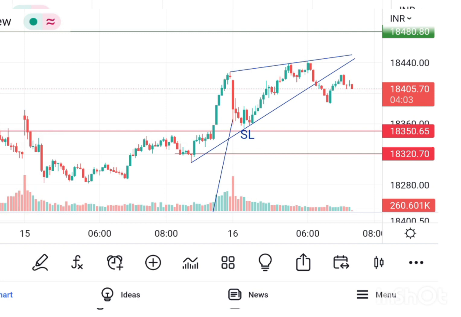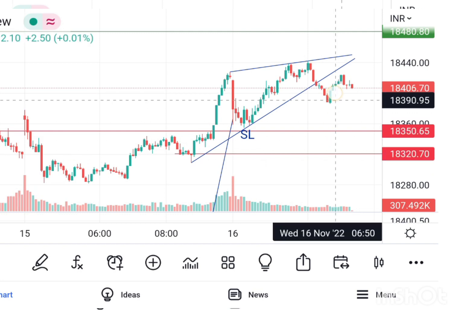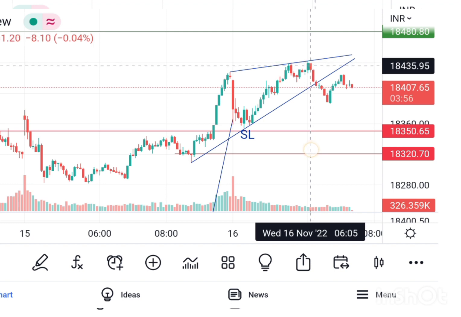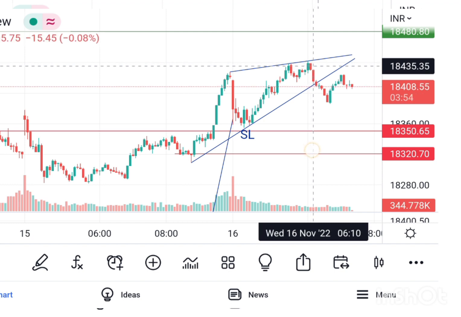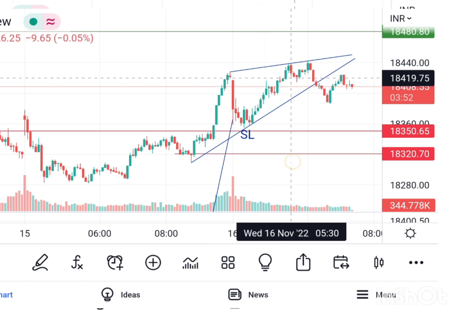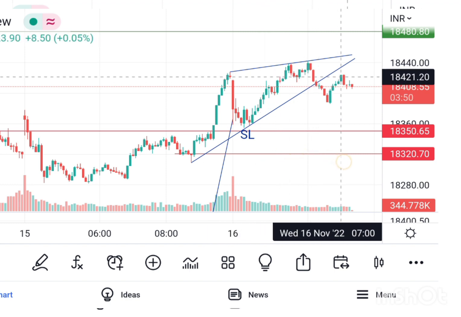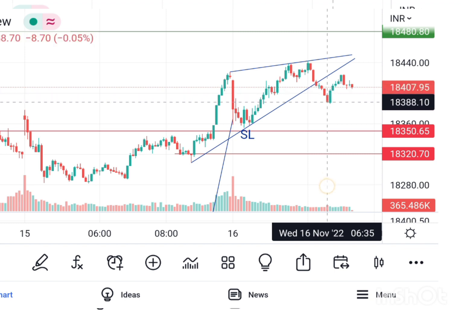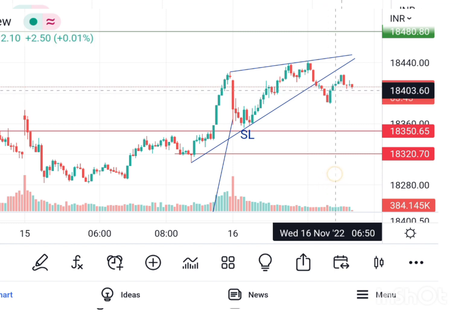So this is the current situation now. If I would have exited at this point, I would have almost recovered my yesterday's loss, but I held on to it, and it gave a breakout.